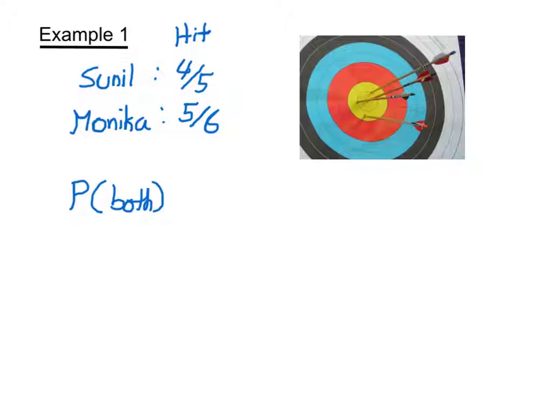Remember that the probability of A and B occurring at the same time for an independent event equals the probability of A occurring and the probability of B occurring. So in this case, the probability of both of them hitting is equal to the probability of Sunil hitting times the probability of Monica hitting.